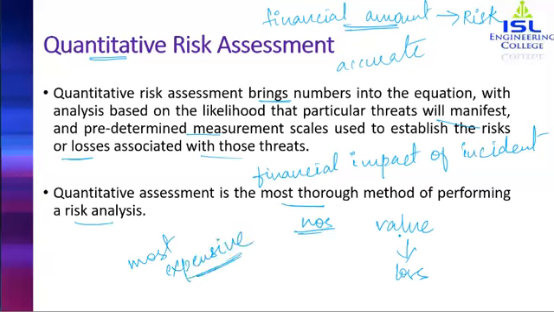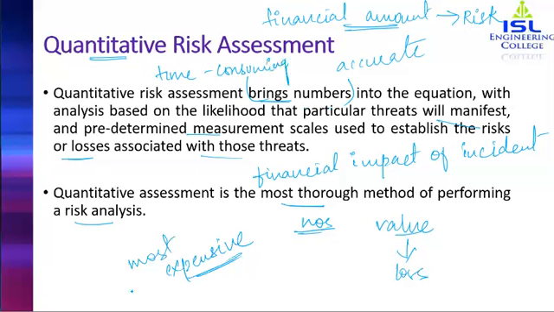This is the most expensive, because it is not easy to identify the value of each asset, the likelihood of the risk, and the likelihood of an attack that is going to exploit the vulnerabilities of a system. When you're estimating all the numbers and focusing on numbers, it is going to take a lot of time, so this becomes time consuming also.